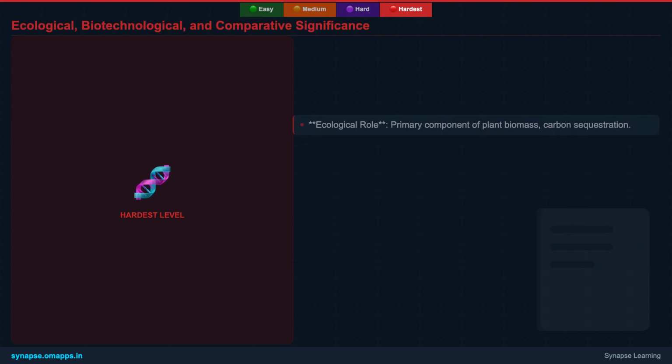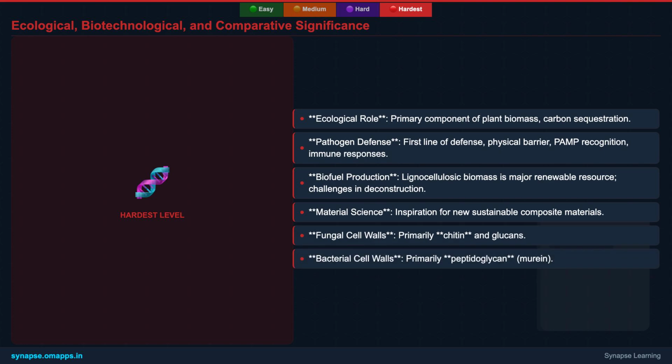The cell wall's significance extends far beyond individual cells. Ecologically, it forms the backbone of plant biomass, central to carbon cycling and ecosystem structure. Biotechnologically, its primary components, cellulose and hemicellulose, represent the largest renewable carbon source on Earth.